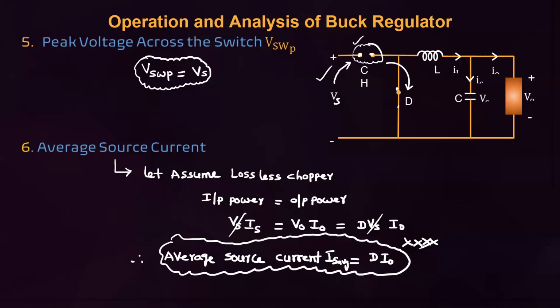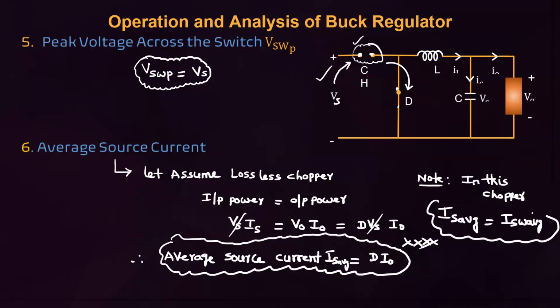That's the reason why the average switch current and average source current are the same here. That is equal to d I naught.